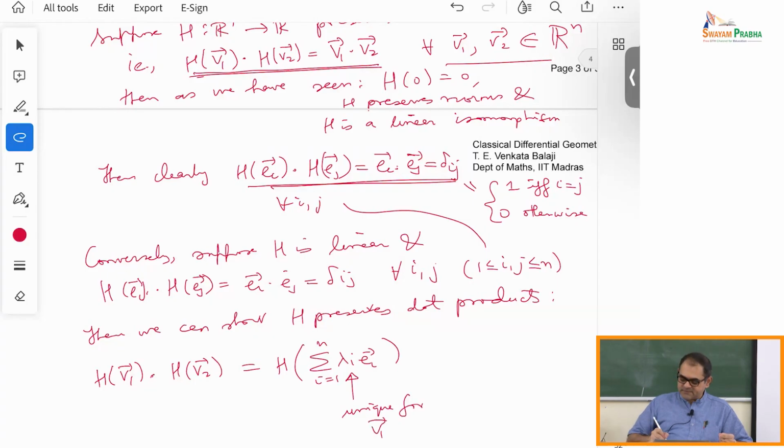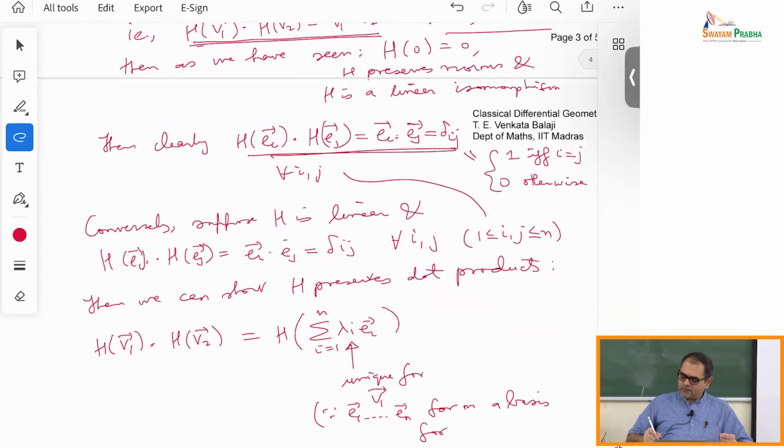Why is this? This is because E1 up to En form a basis for Rn over R. What is the property of a basis? Any vector can be written as a linear combination of the basis vectors, and the coefficients in the linear combination are unique. That is the universal property of a basis.